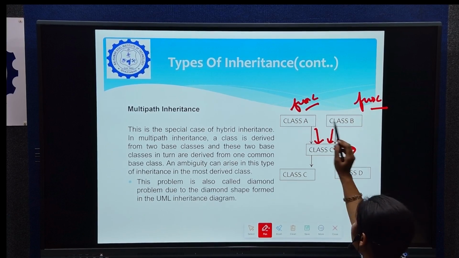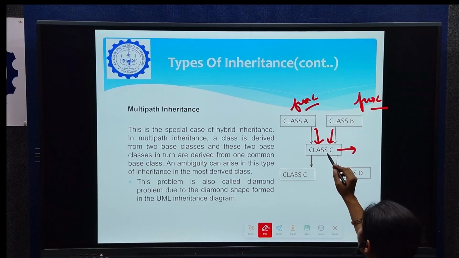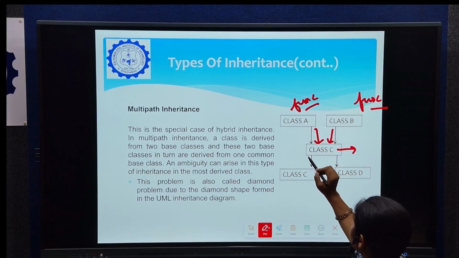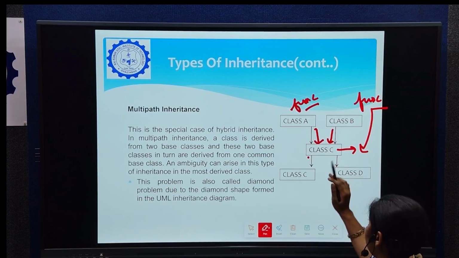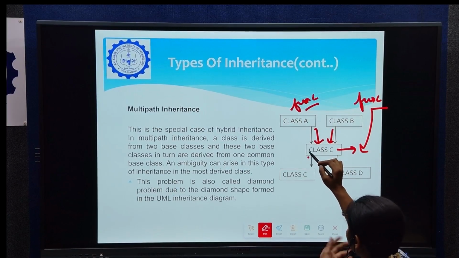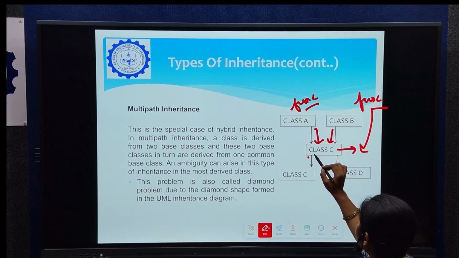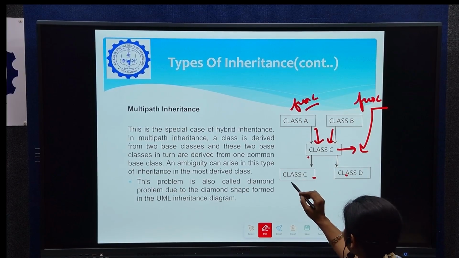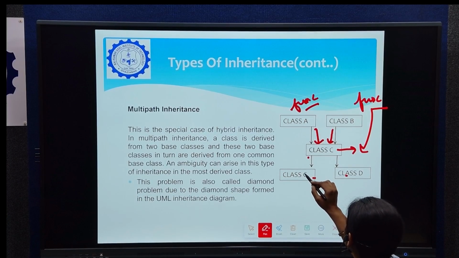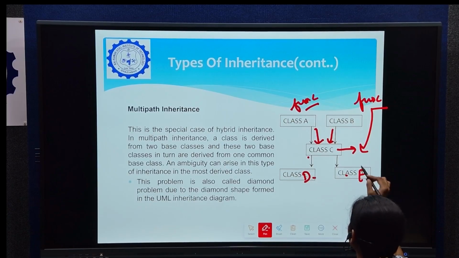If class C is inheriting both the classes, it means this FUNC is of class A and this FUNC is of class B. Then this becomes the base class for the next derived classes. This should be D and this should be E, make the correction here.